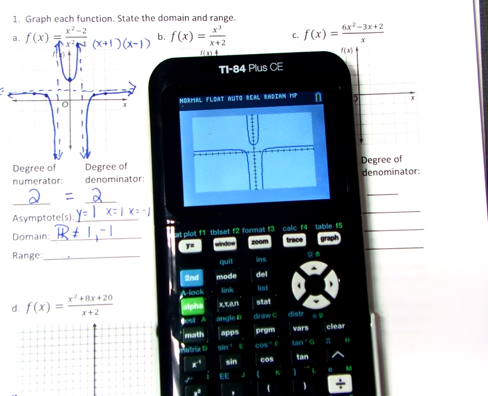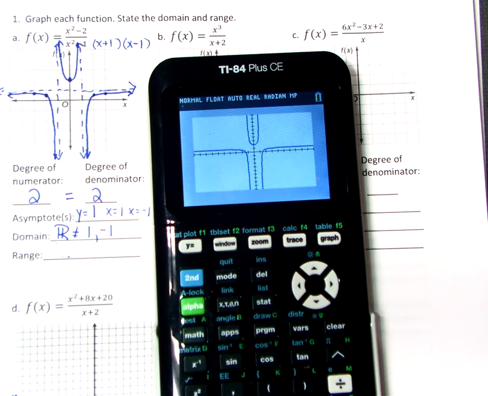Our range is that y is going to go up to 1, and that's evidenced by the bottom two branches that we plotted. But also, it skips from that asymptote at 1, it skips all the way up to that U shape at 2.